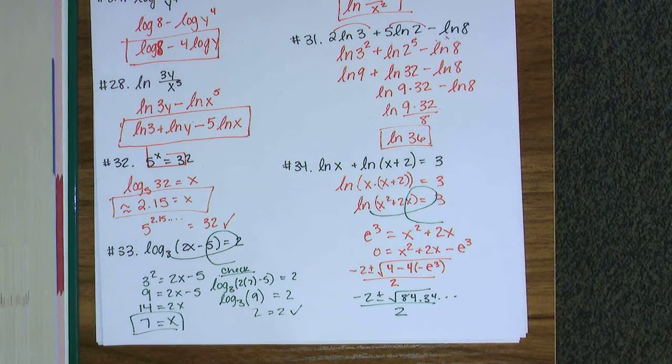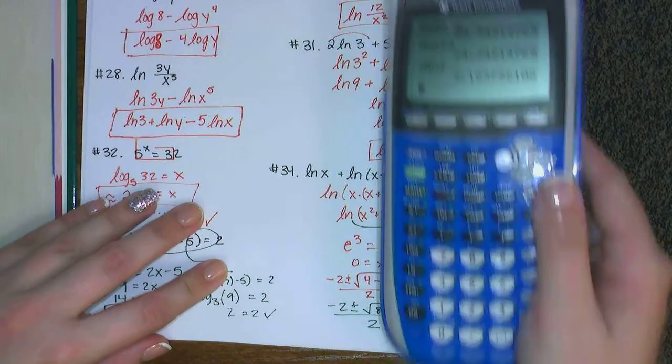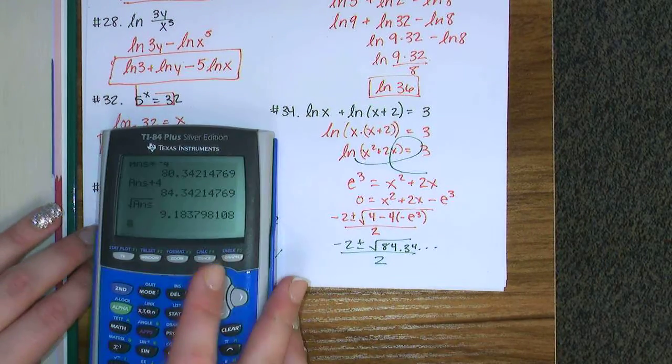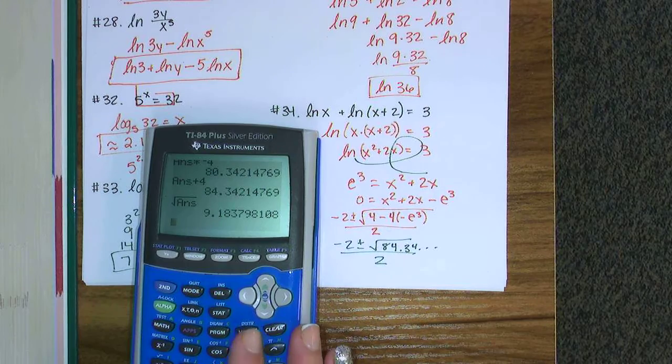The square root of that is around 9.18. Let me try to get this so you guys can see what I'm doing here.